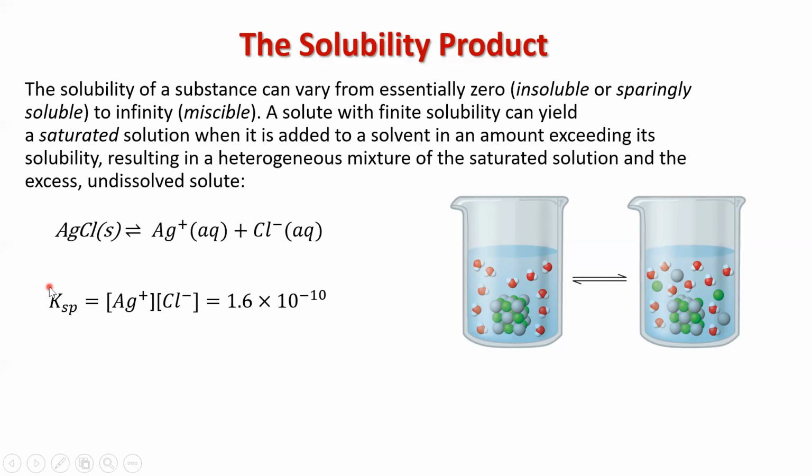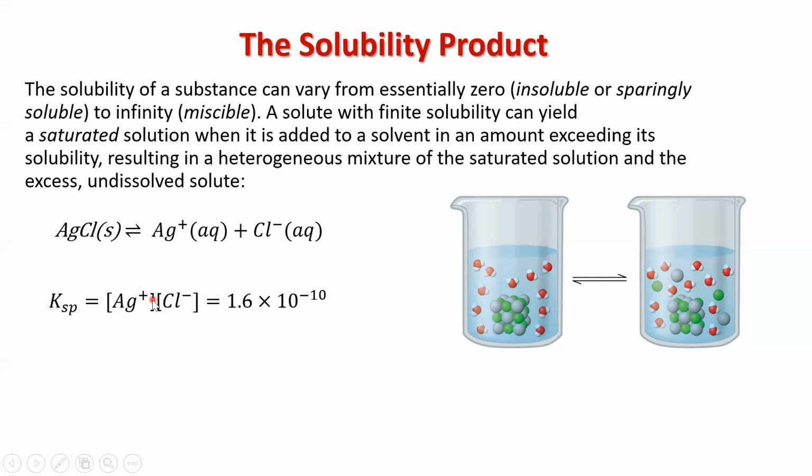Now, we write it the same way we write any equilibrium expression. It's the products over the reactants raised to the power of the coefficient in the balanced equation. But remember again that we don't include solids and liquids. So the concentration of silver ions times the concentration of chloride ions would be our Ksp expression.